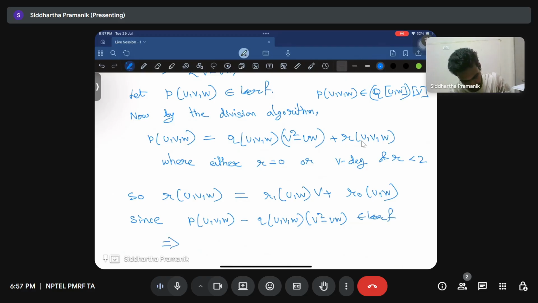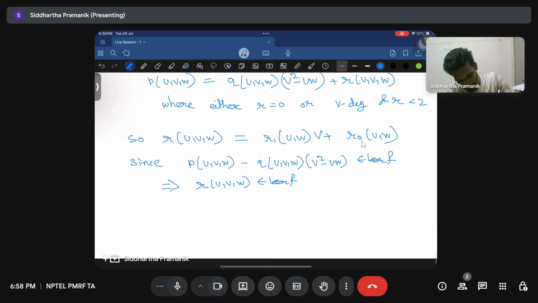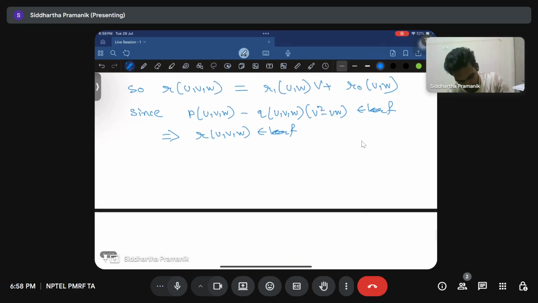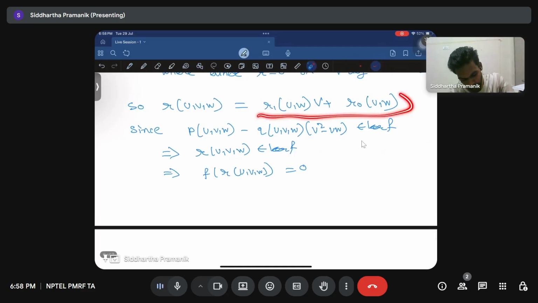this will imply r(u, v, w) is in the kernel of f. So that will imply f of r(u, v, w) is equal to 0, but our r is this polynomial, and let's apply f on this.